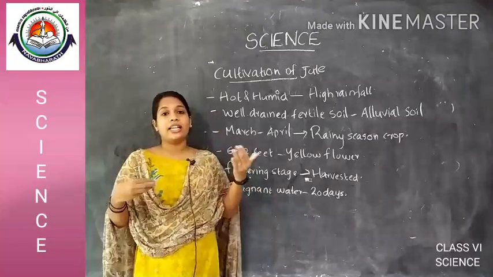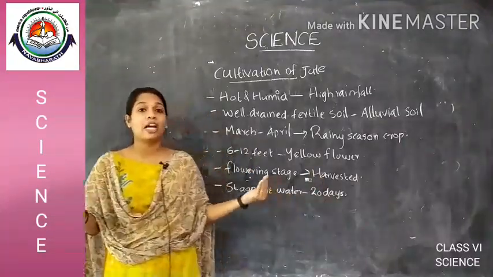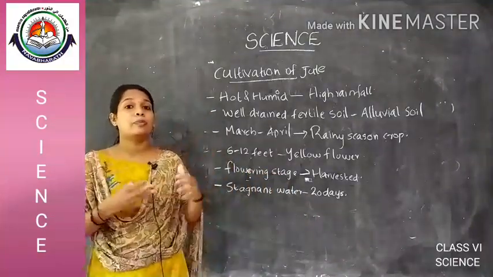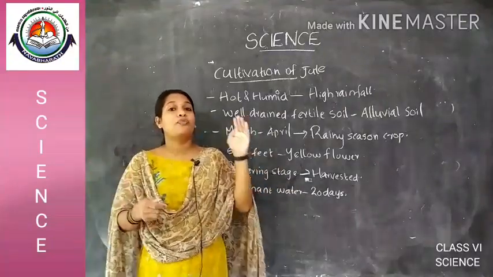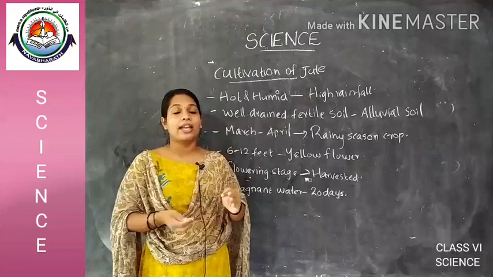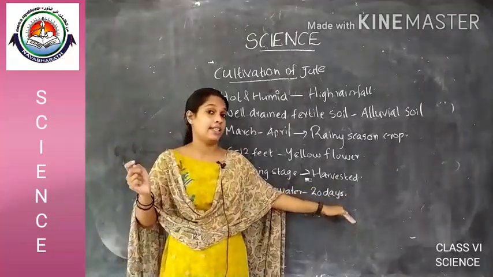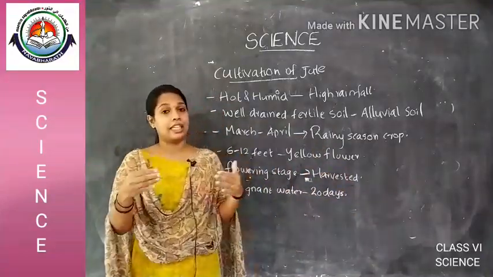Okay, and after that bacteria will grow in it. So this bacteria will eat the sticky material which connects the fibers within the stem. The bacteria grown in this stagnant water along with the stem will eat the sticky material.